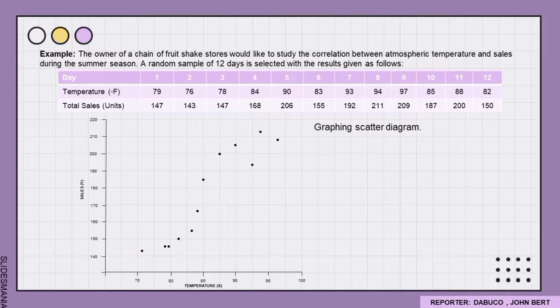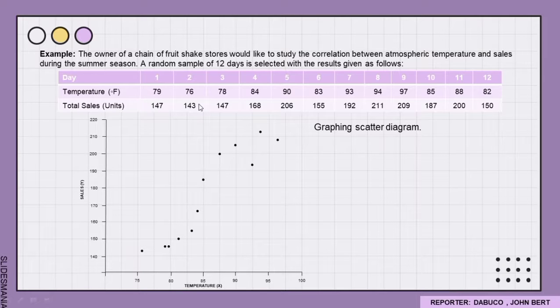From day 1 to day 12, temperature is referred to as X, and the total sales is referred to as Y. From day 1, we have the temperature of 79 and the total sales is 147. Day 2, we have 76 and the total sales is 143. As you notice, the temperature varies with the total sales.